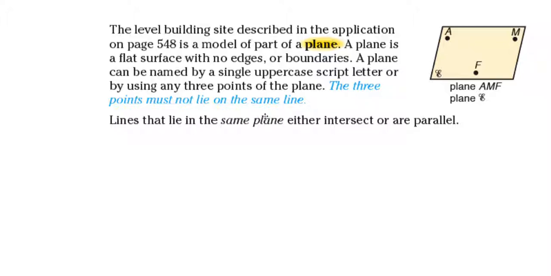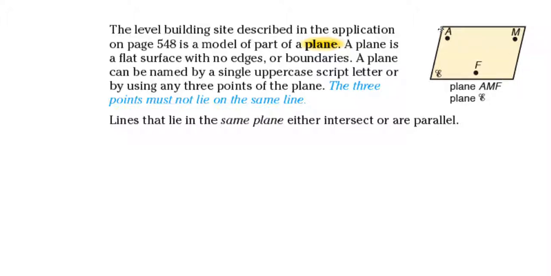Okay? So before we go to that line, let's take a look at the definition of that plane. Before we go to the definition here, it says a plane has a flat surface with no edges or boundaries. But if you ask, why do we have boundaries on this plane? The only reason is that we need to define what a plane is.